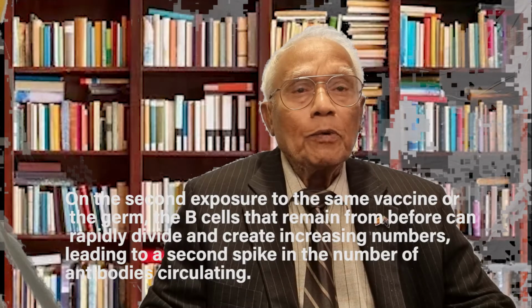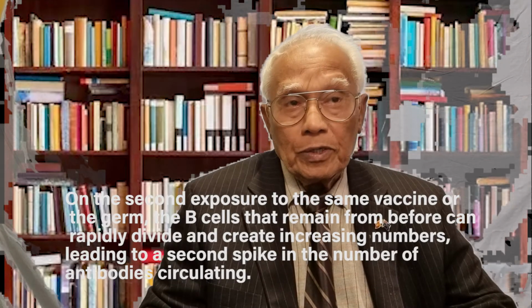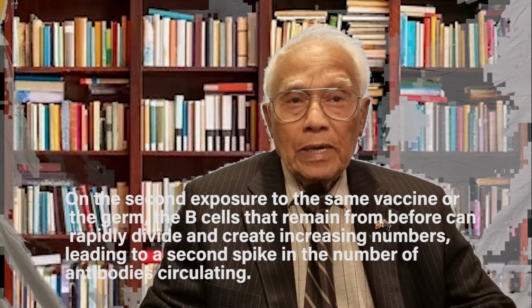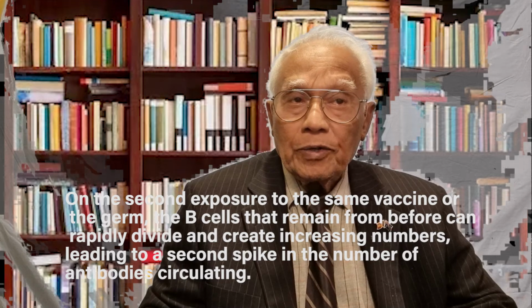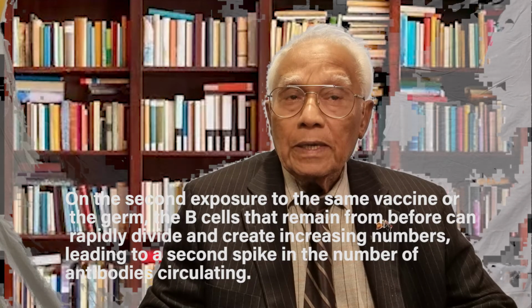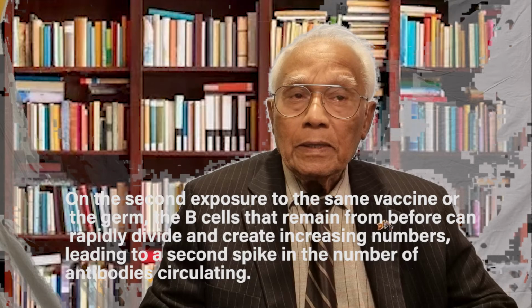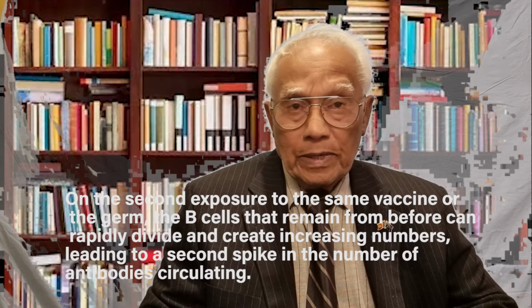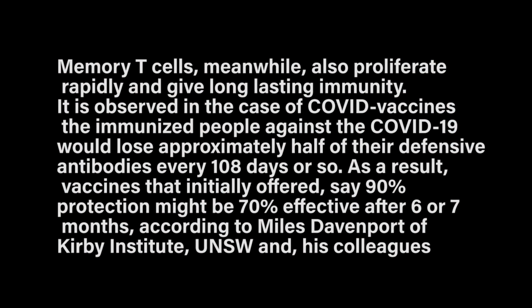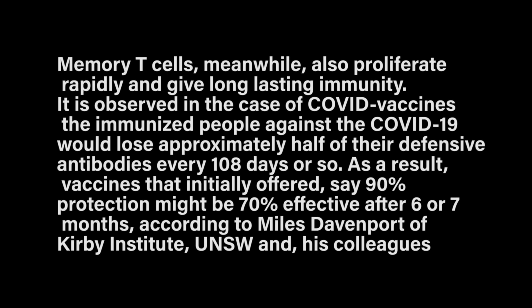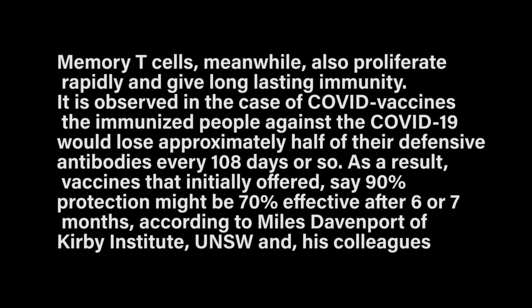On the second exposure to the same vaccine or the germ, the B cells that remain from before can rapidly divide and create increasing numbers, leading to a second spike in the number of antibodies circulating. The second dose also starts the process of B cell maturation and binds to a particular pathogen. Memory T cells, meanwhile, also proliferate rapidly and give long-lasting immunity.